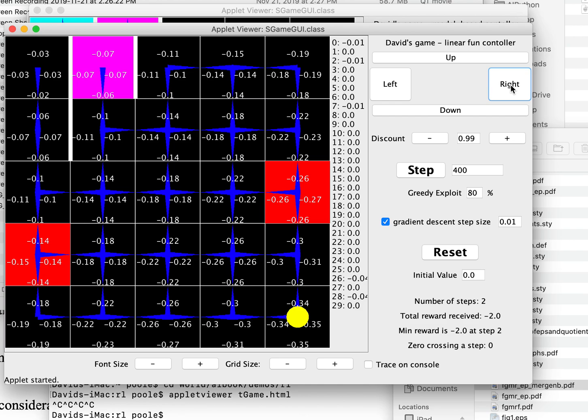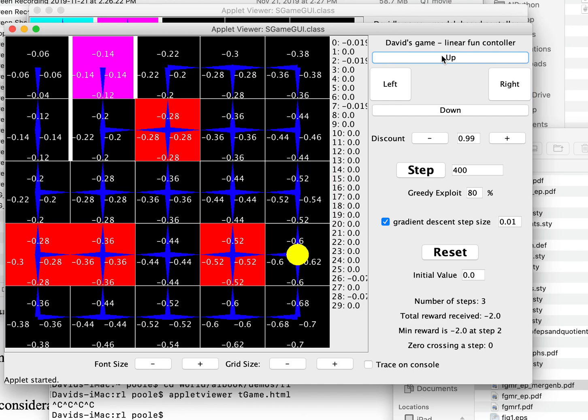So it's learned something over all of the states. It thinks crashing into the walls is bad, so it's now going to avoid those things.